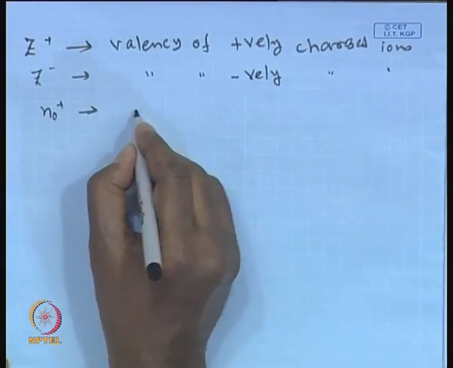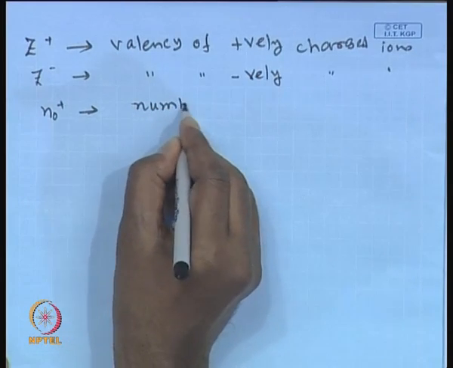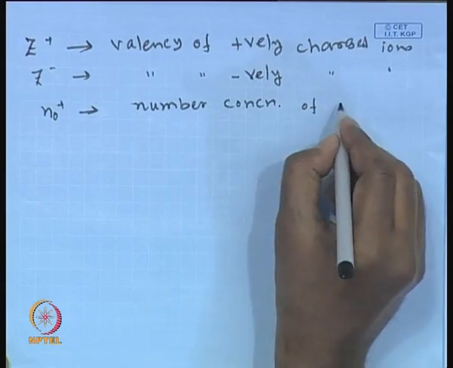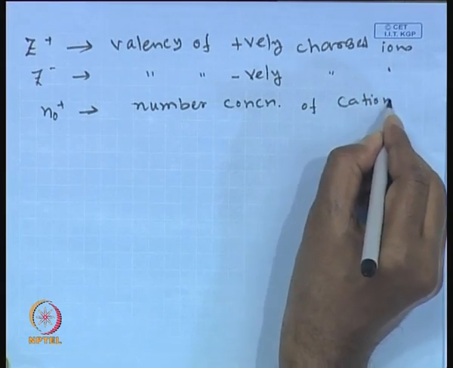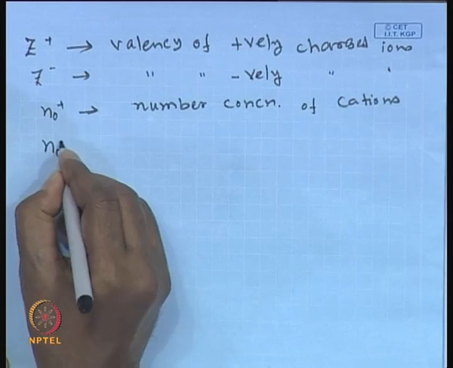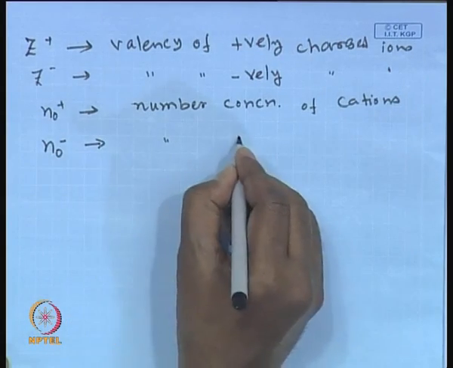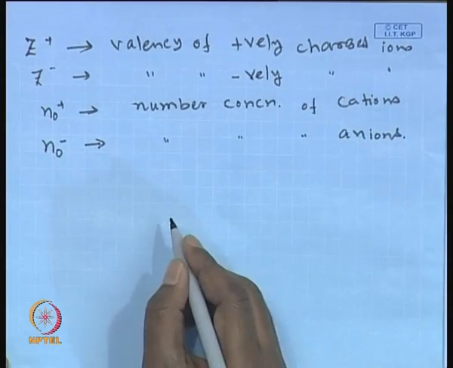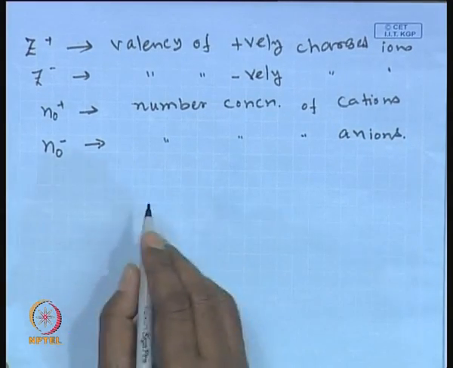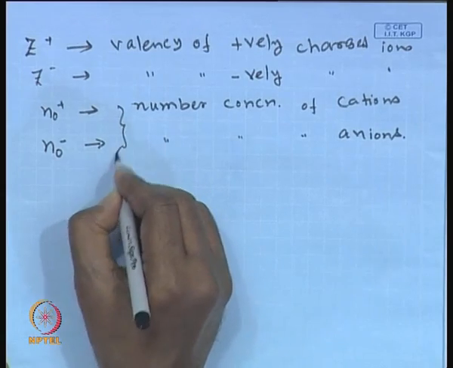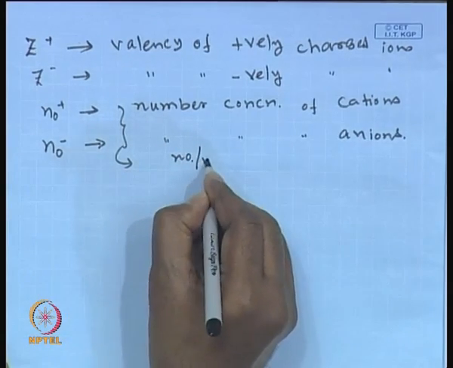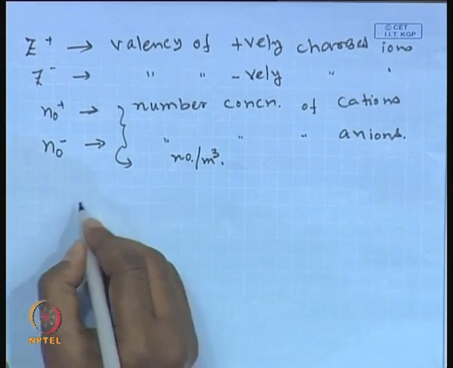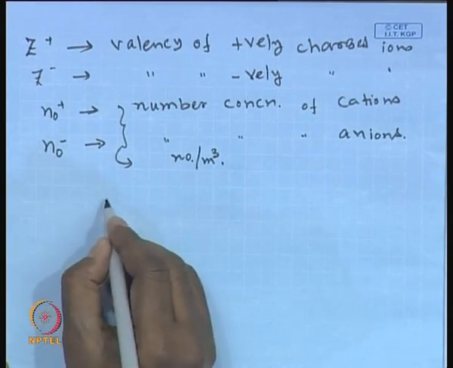N0 plus is the number concentration of cations, cations means positively charged ions, and N0 minus is the number concentration of anions or negatively charged ions. All these are expressed as number per meter cube. Okay. So, you can write down this expression if you would like to.